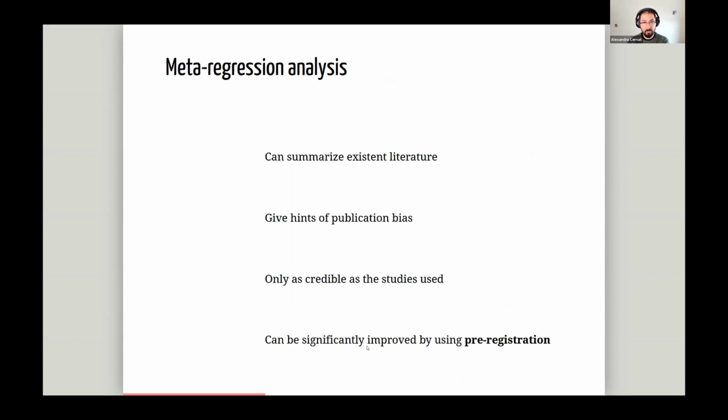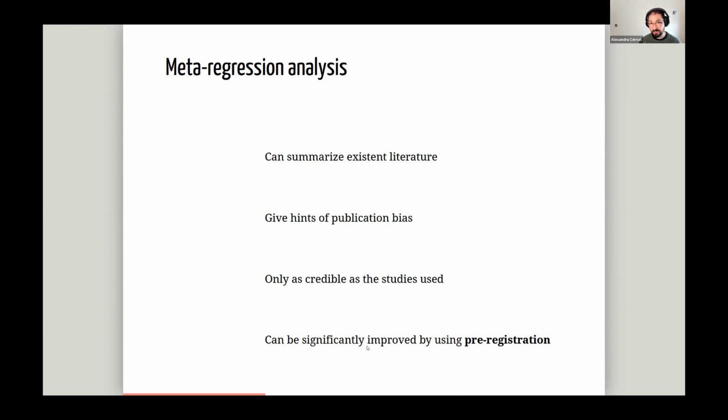So when is meta-analysis useful, and what are the limitations? It is useful when we have a body of literature in a particular area, so there's a lot of research going on. If there's a new topic, maybe there's not enough evidence, so we can't really use meta-analysis. It's useful because it gives us hints if there's publication bias in that area or not, again using things like the funnel graph.